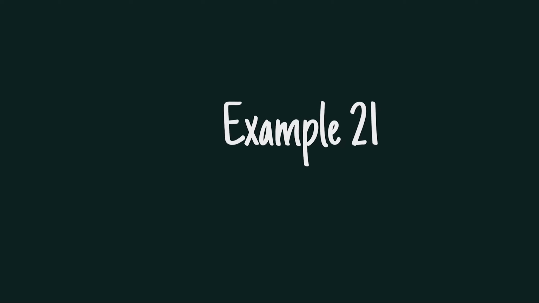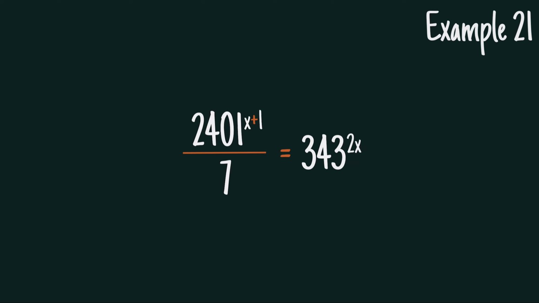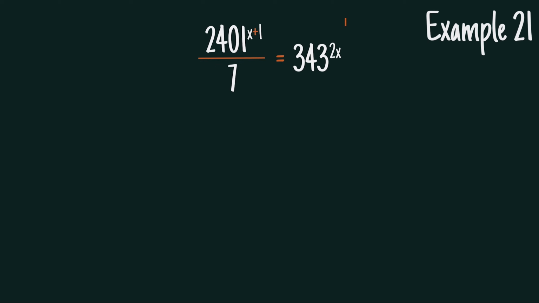Let's do another example, shall we? In example 21, 2401 is also a large number which you may not have an idea of its index notation at first glance. However, by looking at the other numbers in the equation, you may notice that 7 is a possible base number.